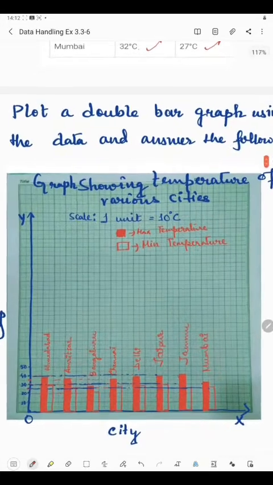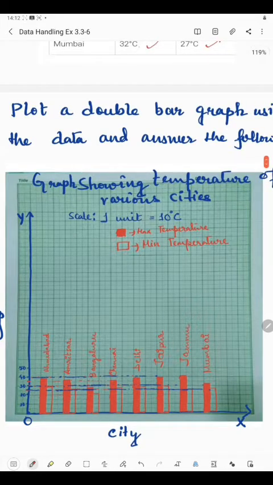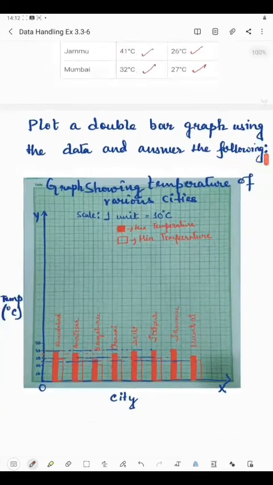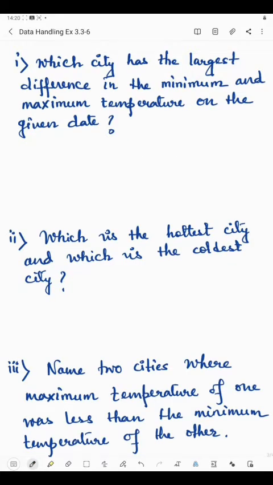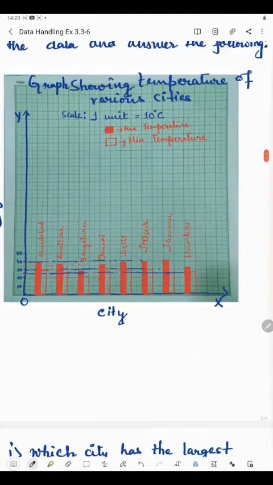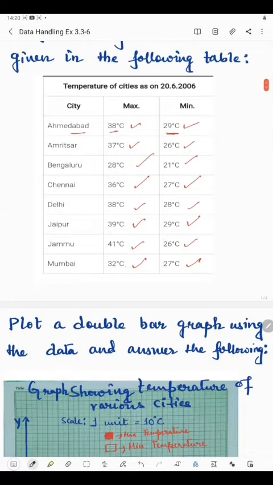Okay. So this way we will have to draw the double bar graph. Now we have some questions based on this. Question number 1 says, which city has the largest difference in the minimum and maximum temperature on the given date? Now here if you see the data, the date is given.